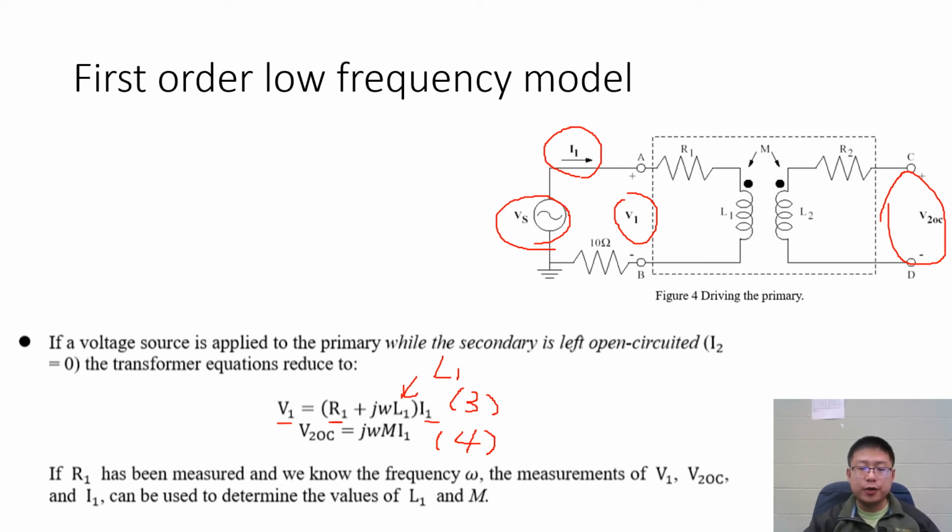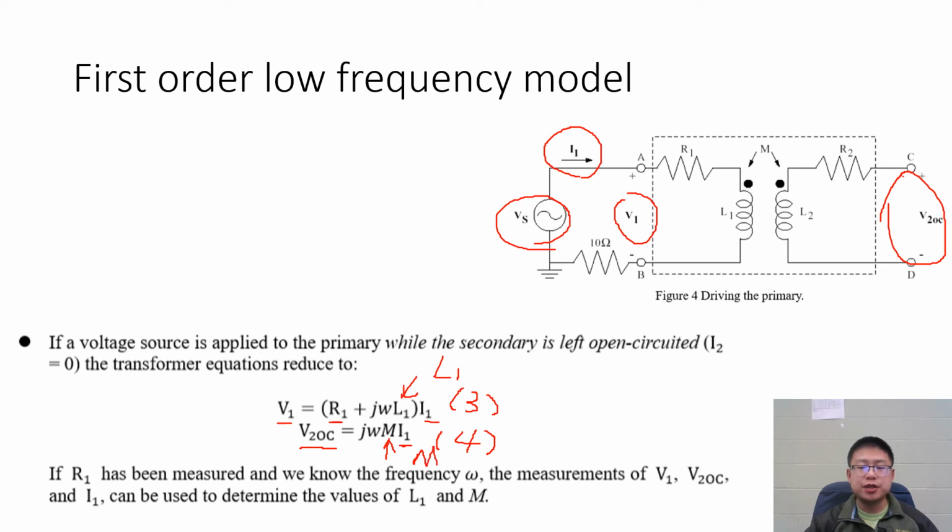In equation 4, we can measure V2 OC. OC stands for open circuit. We can measure V2 OC. And we also measured I1. So M is the unknown variable we can calculate.